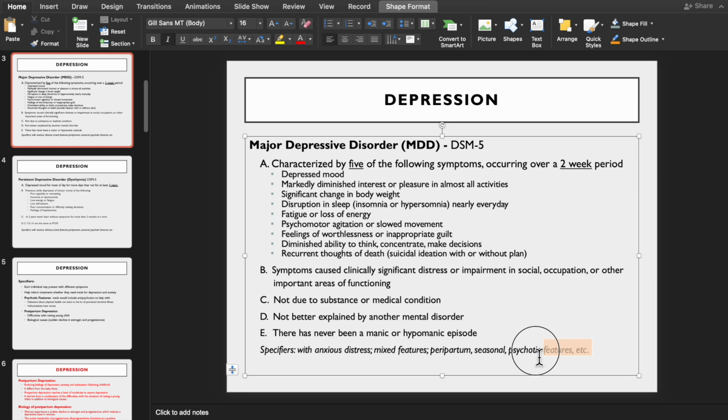Then we also have specifiers, such as what the depression is associated with. It's going to be different from person to person, and these specifiers help inform treatment, such as if they're going to need medical care, medication to treat their depression and anxiety.